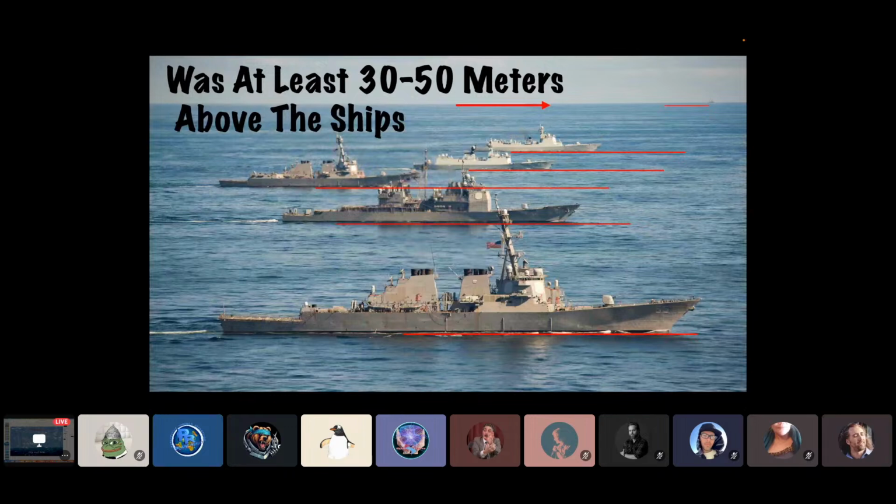So let's just say that these ships themselves are 30 meters tall. We know that the observer is well above these ships, because we have a ship that is close to us that's about 30 to maybe 40 meters tall, and it's still well below us. So who knows? Maybe the observer here is like 200 or 300 feet high. I don't think they're on a ship. I think they're probably on a helicopter.